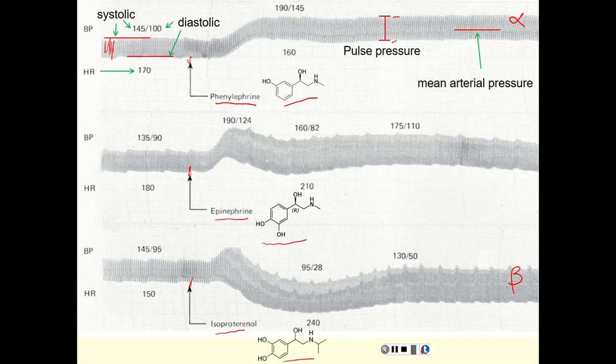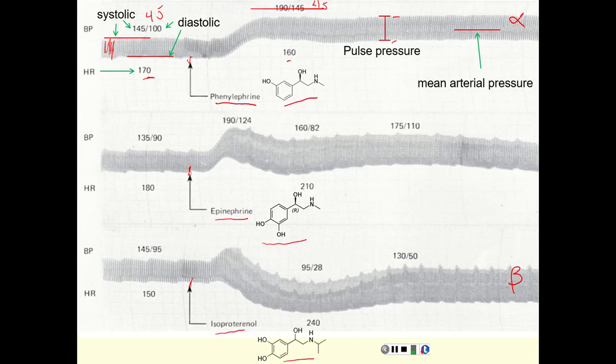Pulse pressure being the difference between systolic and diastolic, it's 45 here at this point, and 45 here at this point. The heart rate actually went down, from 170 to 160. The character of this effect was deemed the alpha effect.